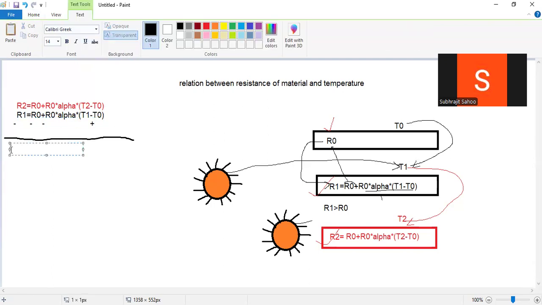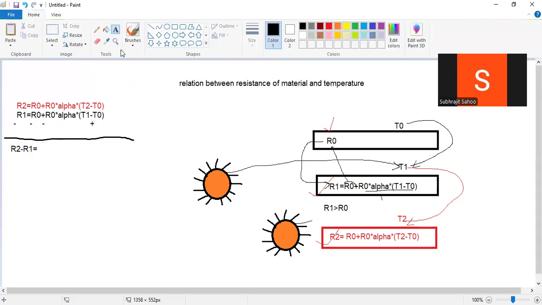The answer I will get is R2 minus R1 equals this. Positive R naught and minus R naught get cancelled.